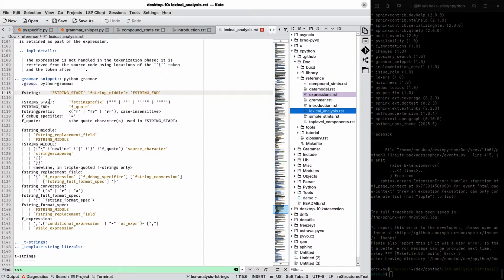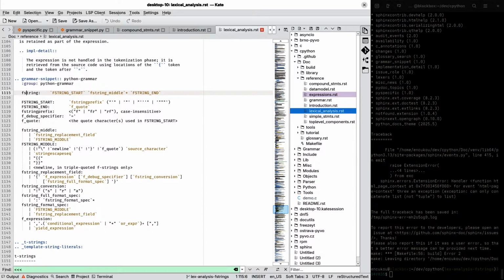I mean, the tokenizer produces the start and then the middle, right? Or am I thinking about this wrong? Tokenizer and parser are kind of collaborating together. The point about PEG grammars is they were made to not require a tokenizer. They just work on the source characters directly. But Python traditionally uses a tokenizer and has a module called tokenize, which will tokenize the source for you.